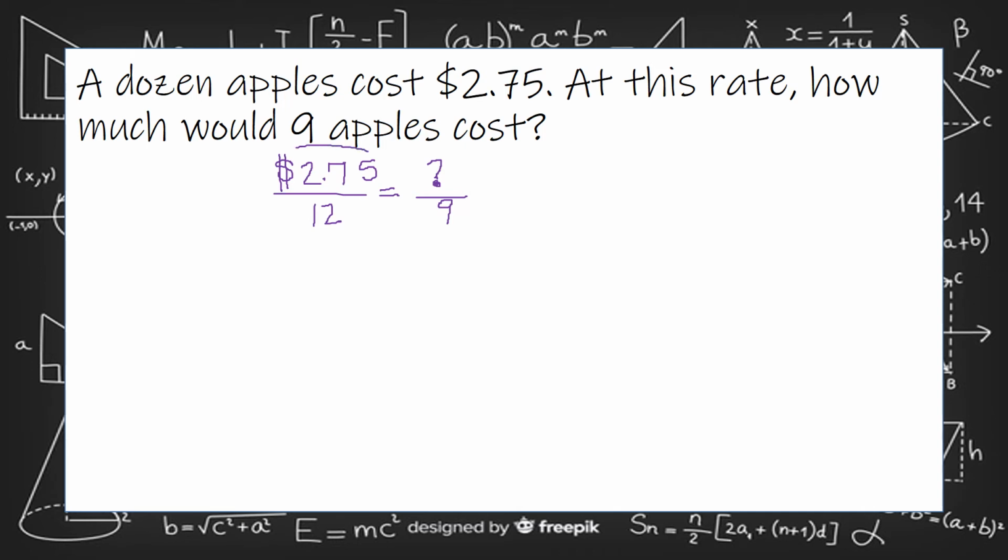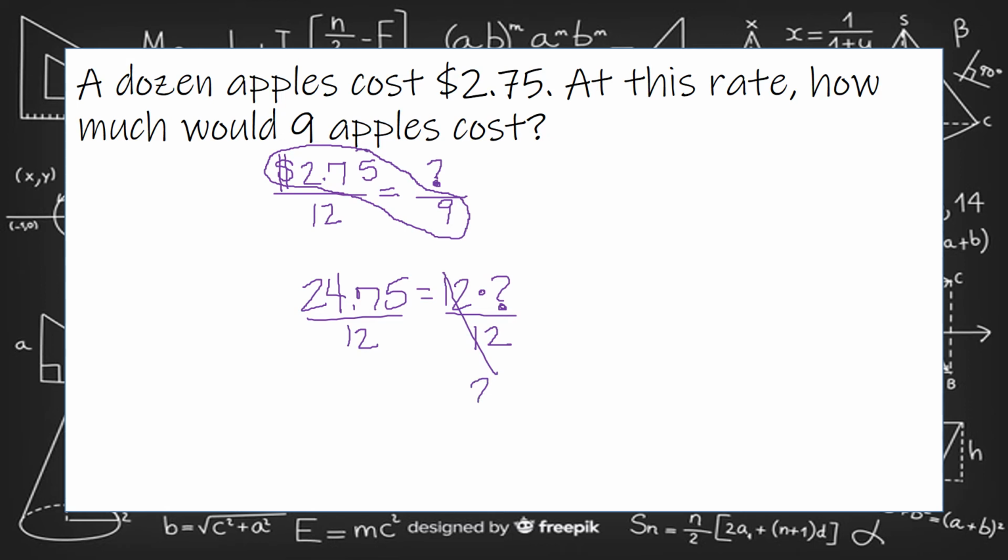We're going to multiply 2.75 by 9. So 2.75 times 9 gives us $24.75, and that's 12 times the question mark. You could also have a variable in there, that's fine. We need to get rid of the multiplying by 12, so the opposite is to divide by 12.